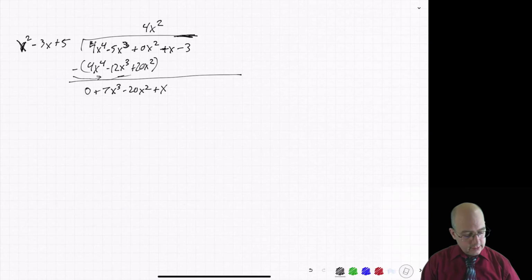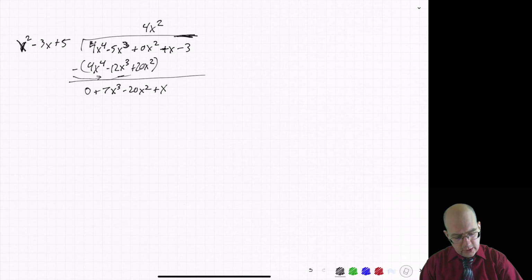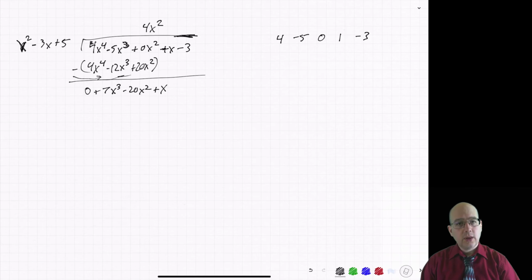Now here's how to set it up for synthetic division. We do the same thing we did before, only we're going to have another row. And things are going to get shifted a little, but it's very similar. So we have that top row, 4, minus 5, 0, very important to put in the zeros, 1, and minus 3. So that's the top.